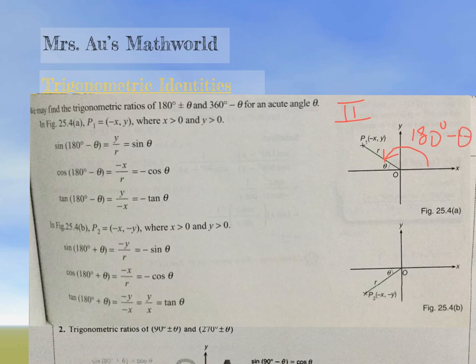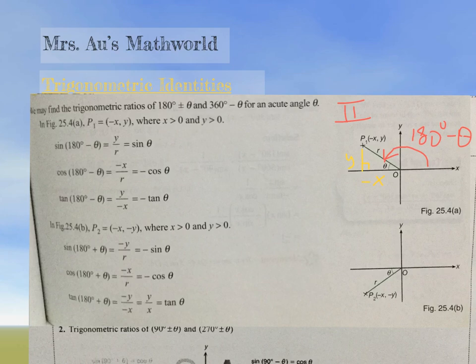And for the values of sine of 180 degrees minus theta, when we calculate the values of sine and cosine, it's actually the same as before. The difference is you need to check the sign. This one I should put the negative also. We put negative x, yes.